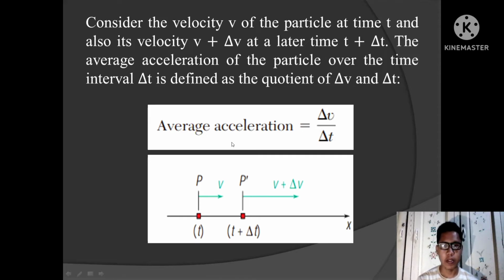And the instantaneous acceleration of the particle at the instant t is obtained from the average acceleration by choosing smaller and smaller values for delta t and delta v. So that's the average acceleration.